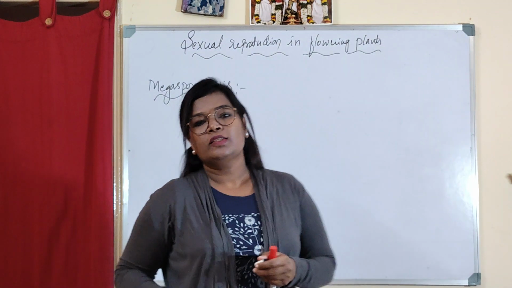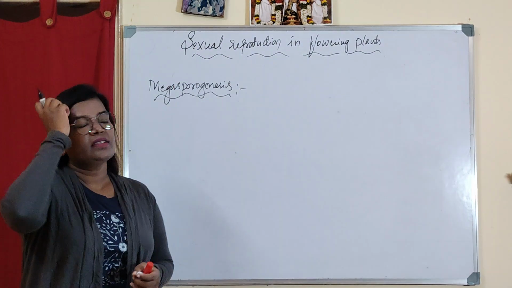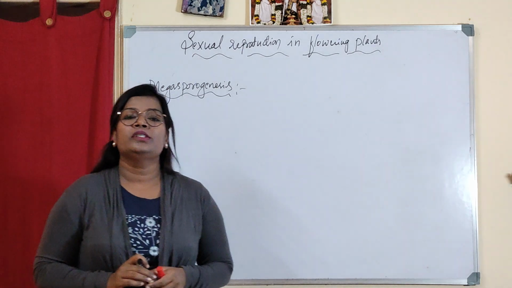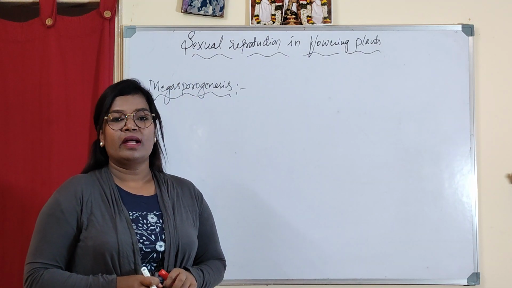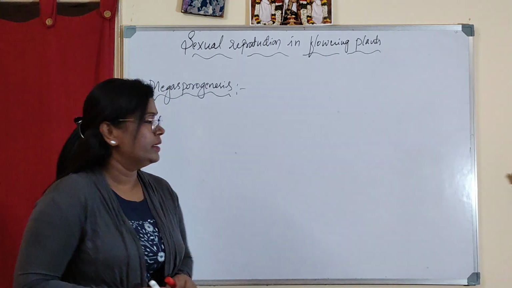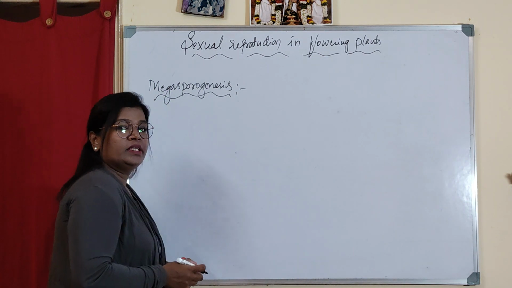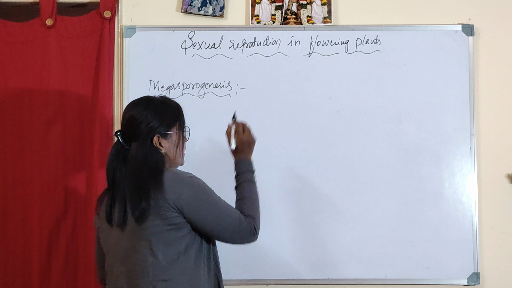So what is megasporogenesis? It is the process of formation of haploid megaspores through meiosis from the megaspore mother cell. How is megasporogenesis going to take place?